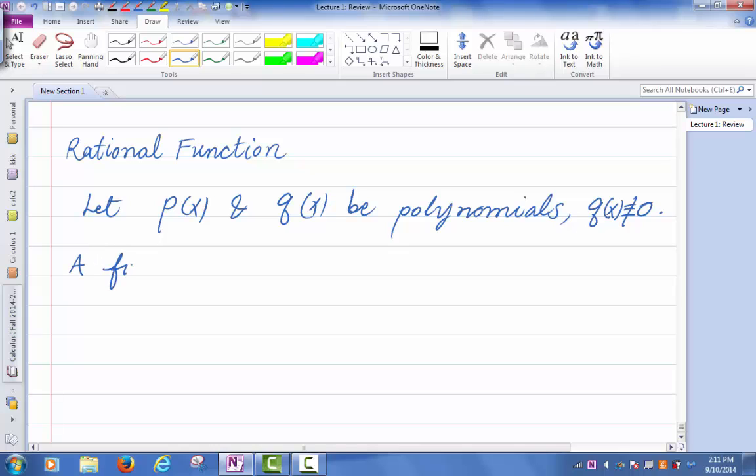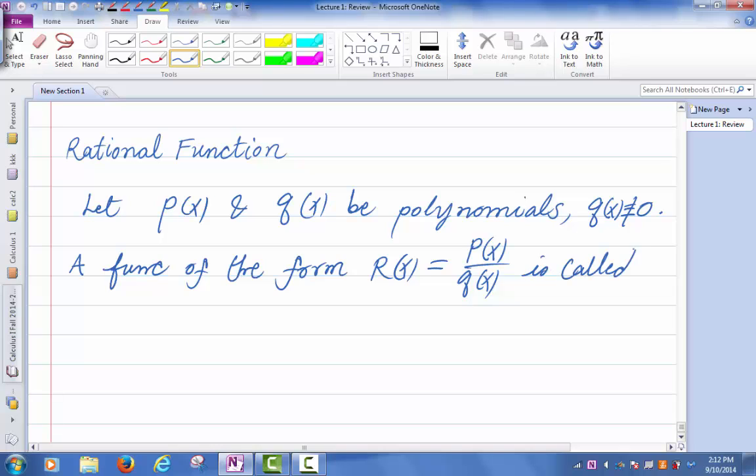A function of the form P of x divided by Q of x is called a rational function. So what is a rational function? Well, it's just a ratio of two polynomials.